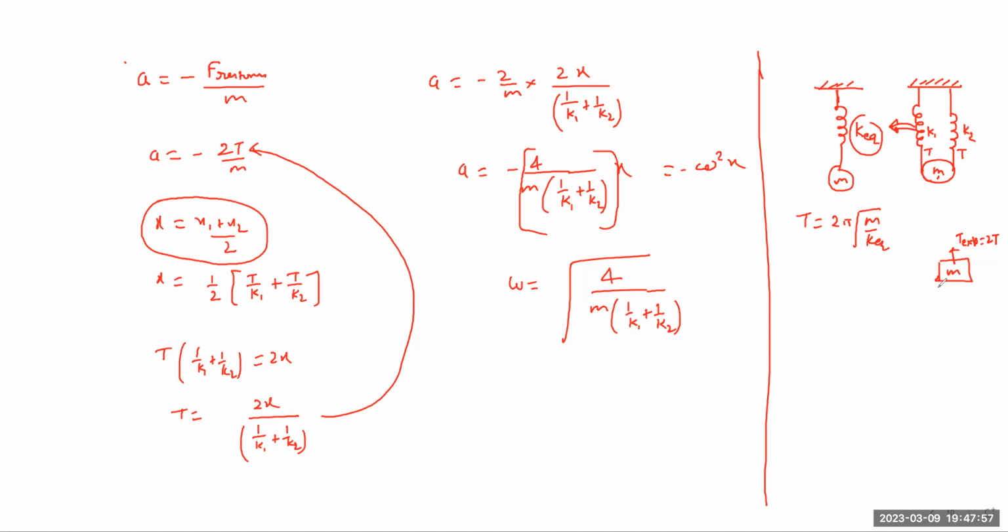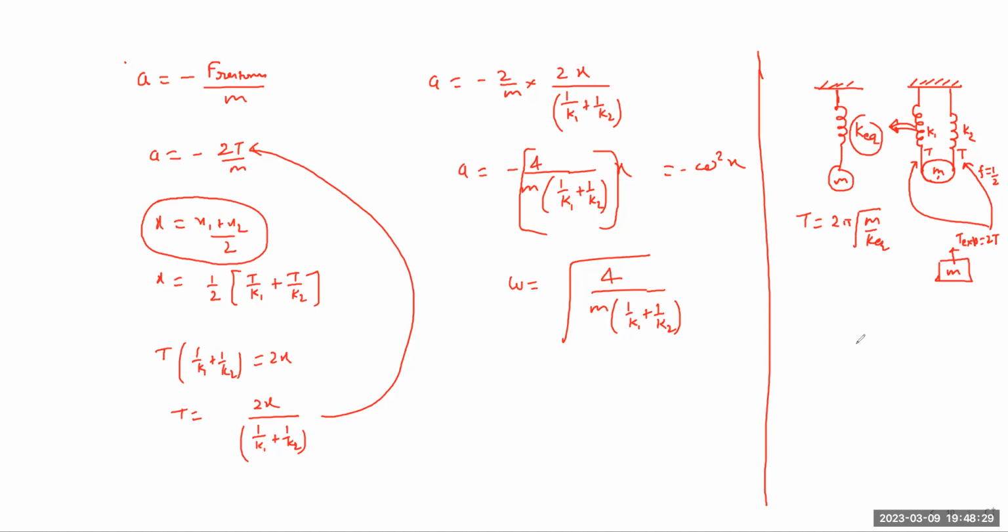The tension in the individual spring is only T, but tension experienced by the moving mass is 2T, right? So what is the factor? It is half. If you go from here to the individual spring, it is half the value. Correct? So there is something called a factor.